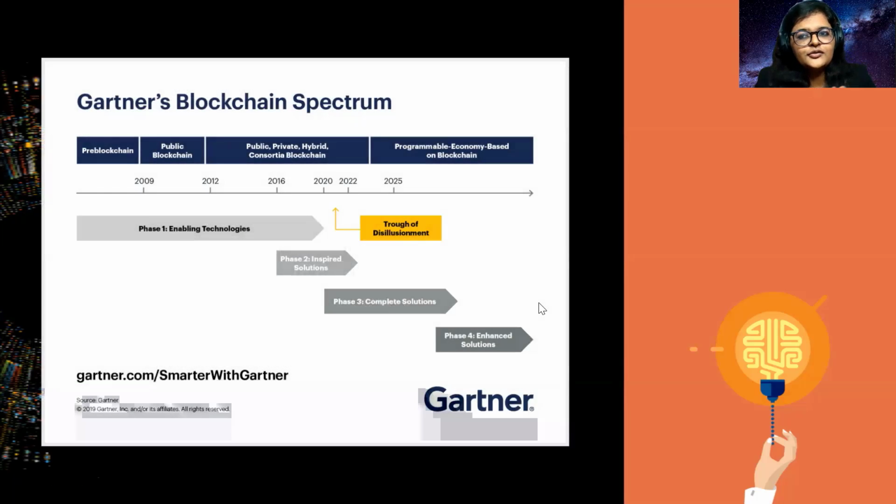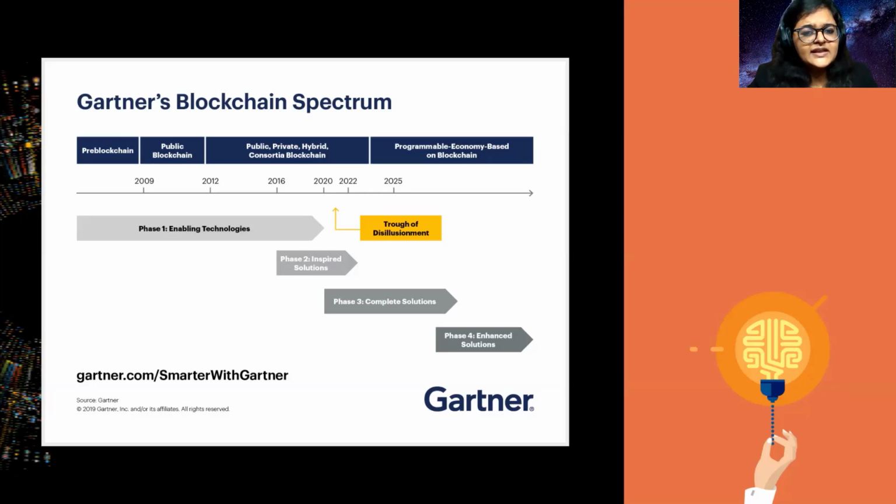Before I show you what blockchain is and get into the technical elements, I think it is very important for us to understand why now and why blockchain, right? So here is a small survey result from Gartner. As we see this result, it talks about how from 2009 to 2020 onwards, it was all about enabling the technology.